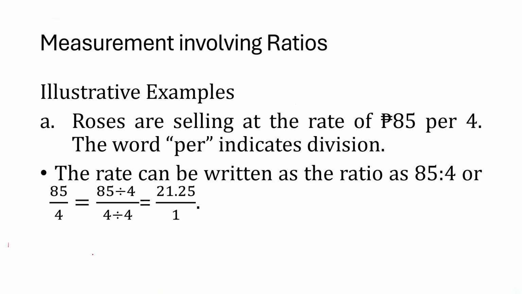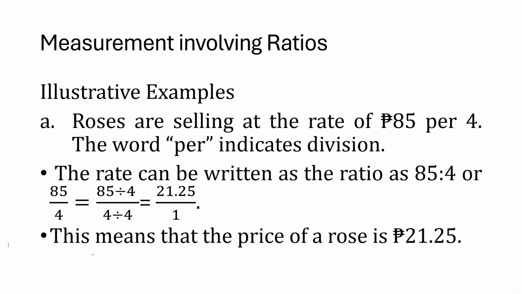So that is the reason why we just divide directly. 85 divided by 4 is equal to 21.25. Then 4 divided by 4 is equal to 1. So this means that the price of a rose is 21.25 pesos.